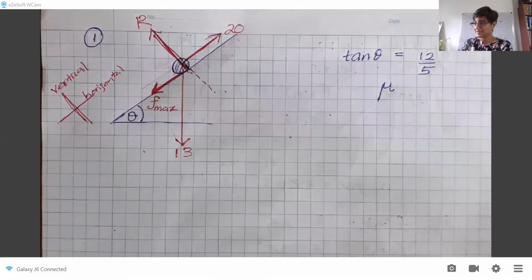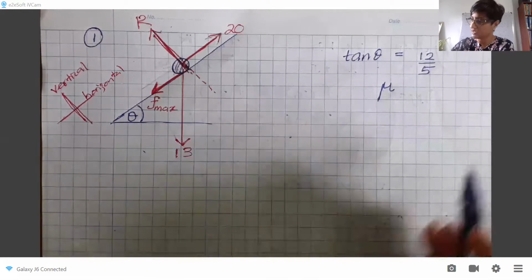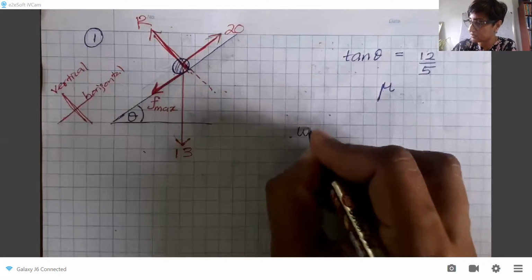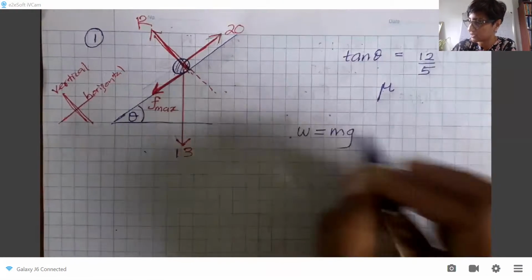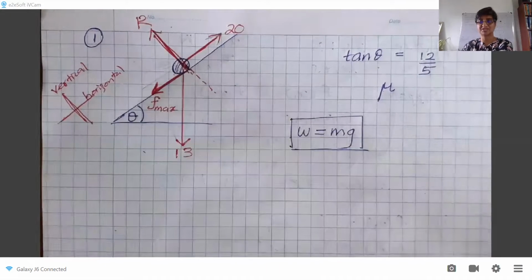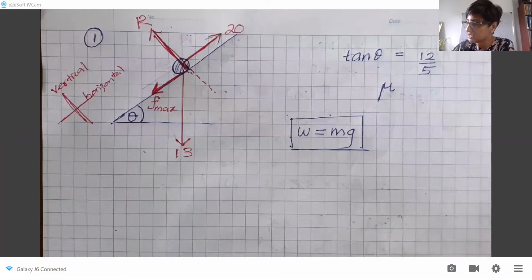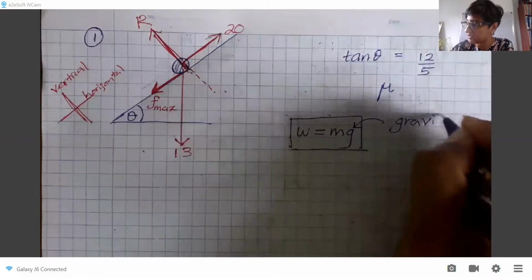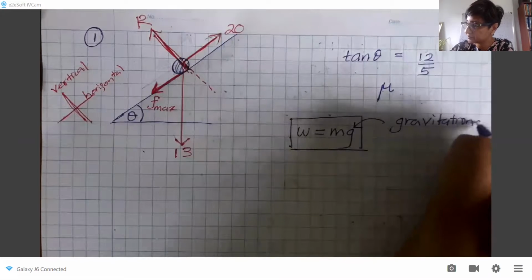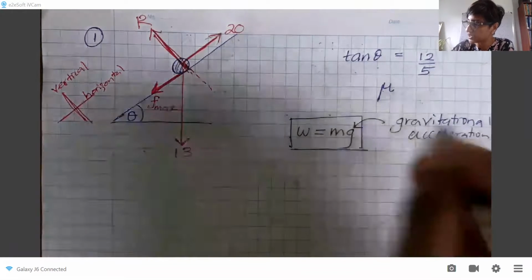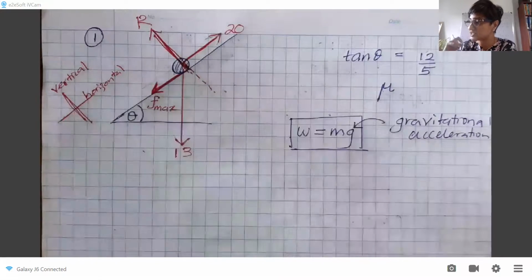Oh, I'm sorry. I did not even talk about this. W equals mg, because this is something you learn in your O levels. Weight is equal to mass times gravitational acceleration. G here is gravitational acceleration. You can also call it gravitational field strength.